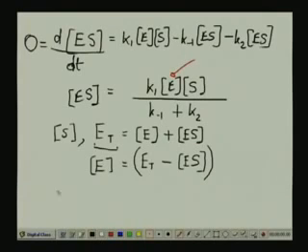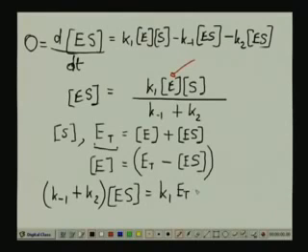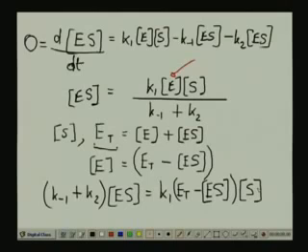We get K minus 1 plus K2 times ES is equal to K1 times ET minus ES times S, that is what I have, right?